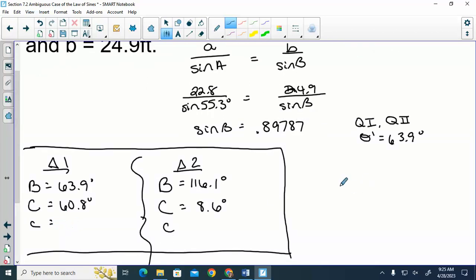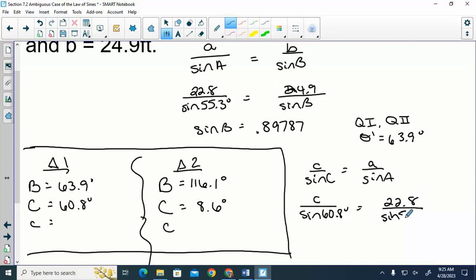So then side C, so we could do C over sine C equals A over sine A. So in the first triangle, it would be C over the sine of 60.8 equals 22.8 over the sine of 55.3.